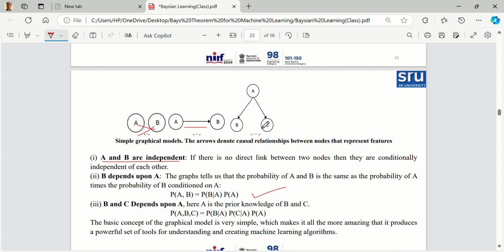B depends on A and C also depends on A. So here we can say that probability of A, B, C is equal to probability of B given A, probability of C given A, into probability of A, because probability of A is already known.